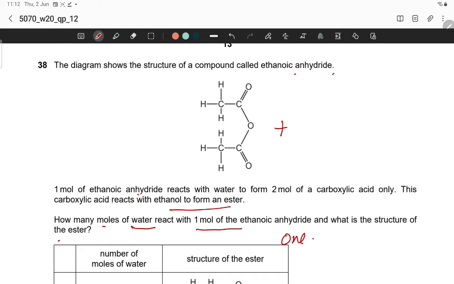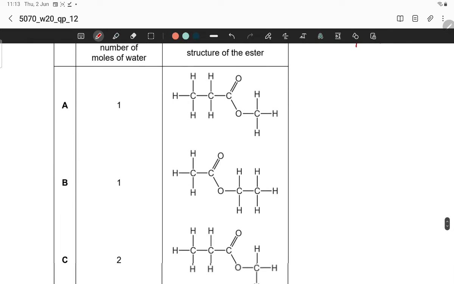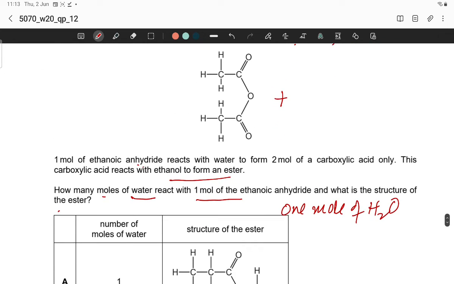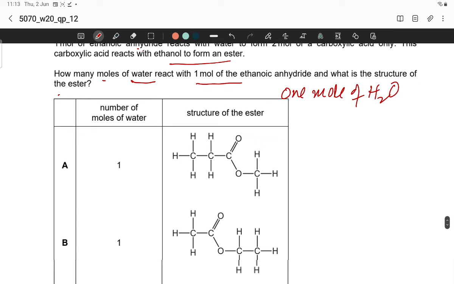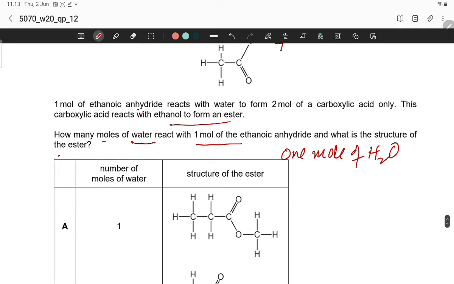1 mole of water reacts, and to form an ester, ethyl ethanoate is formed.